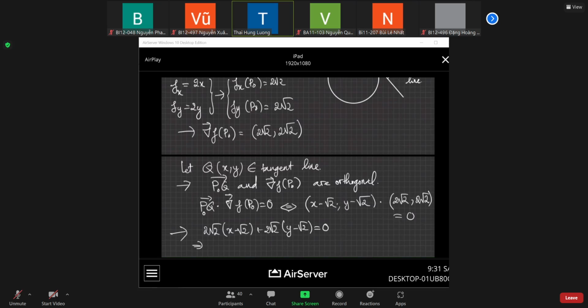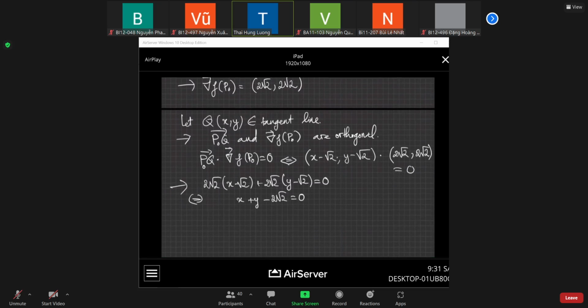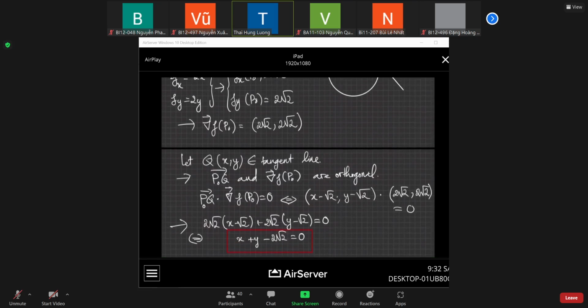So it is easy to get the equation, and this is the equation of the tangent line. This formula is exactly the formula from the lecture notes to write out the equation of the tangent line. Let's take a look at it. If you have any question, you can ask me.